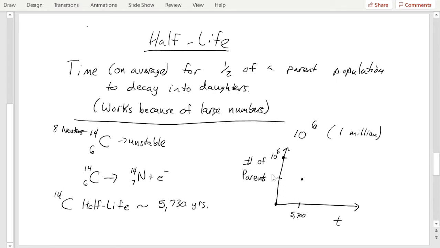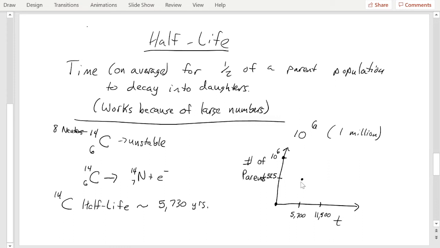So this would be 5e⁵, right? And then after another 5,700 years, so this is going to be close to 11,500, it will have dropped by half of this.